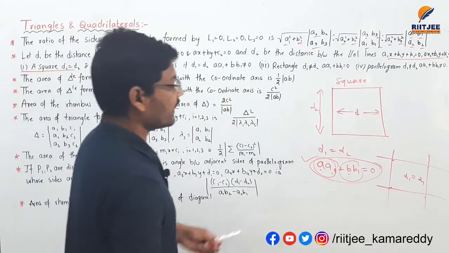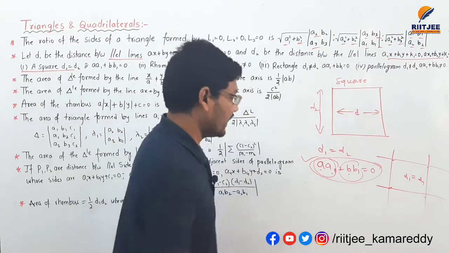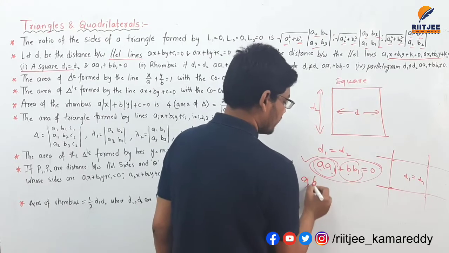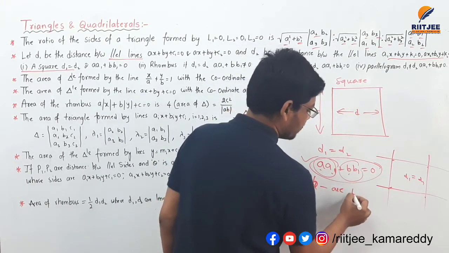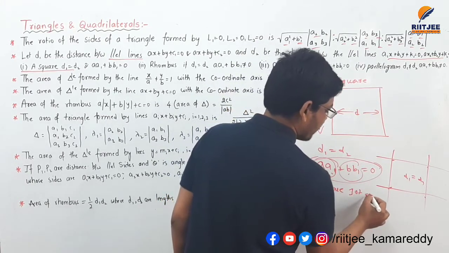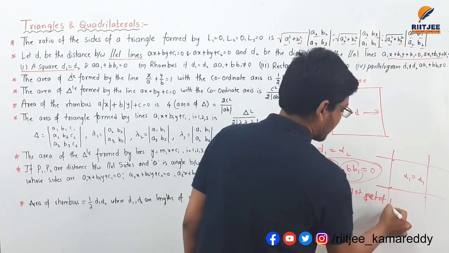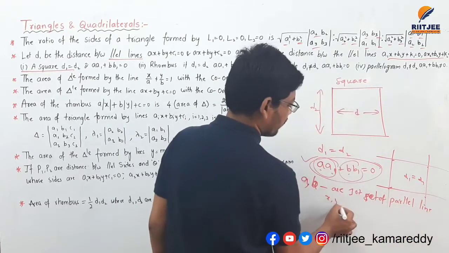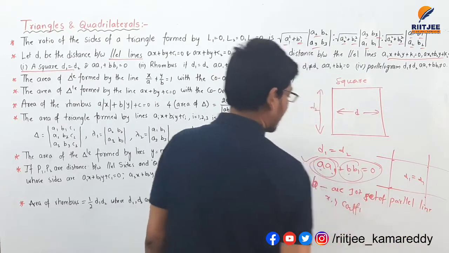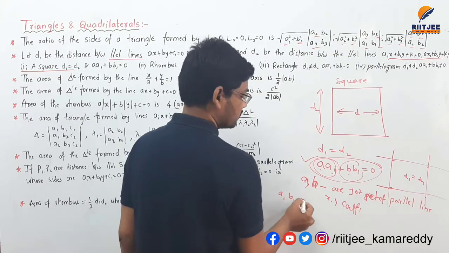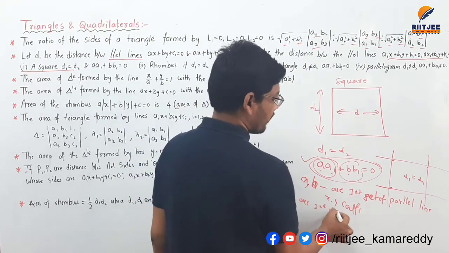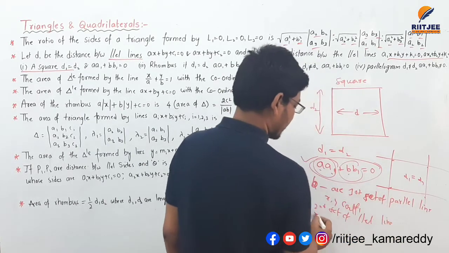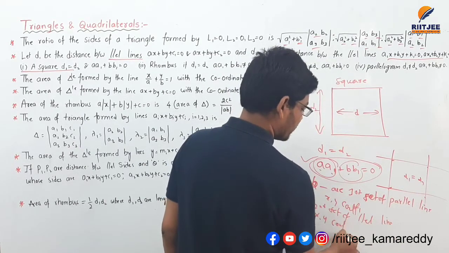And where a, b are the first set of parallel lines' x, y coefficients, and a1, b1 are the second set of parallel lines' x, y coefficients.